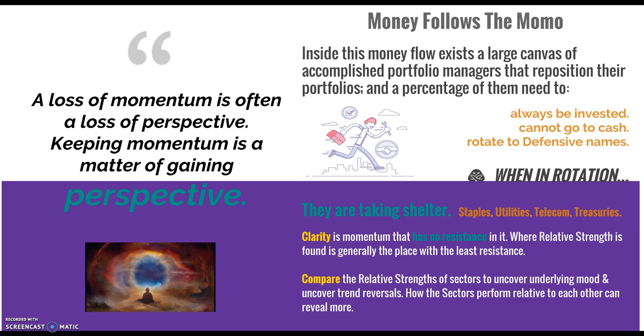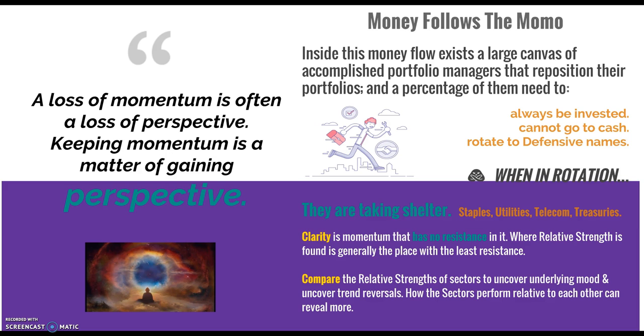Well, think about, okay, what we need to understand when we are new is that there is a huge canvas, as I call it, of accomplished portfolio managers, and they reposition their portfolios, and a percentage of them need to, as we show, always be invested. They cannot go to cash. They don't have discretion.